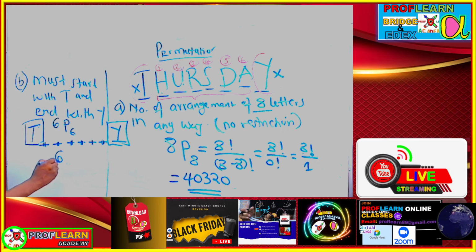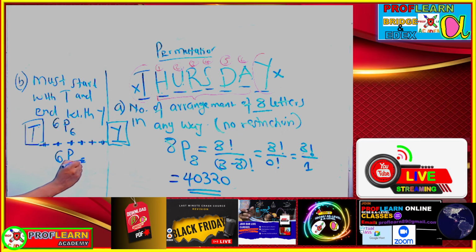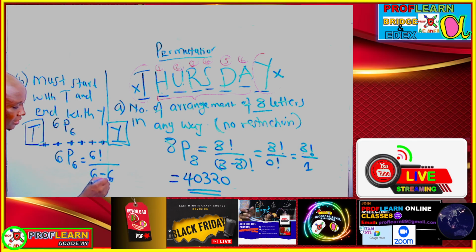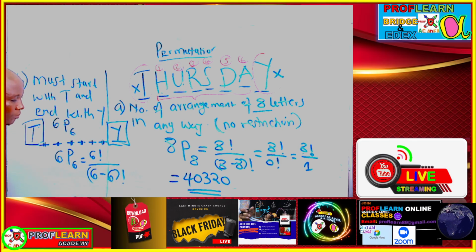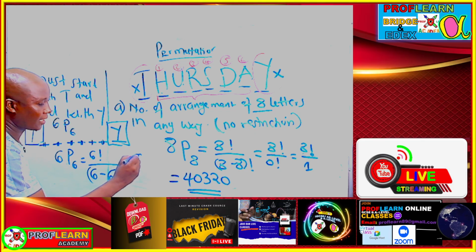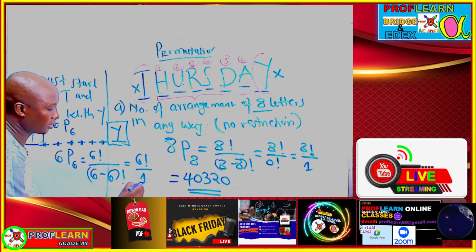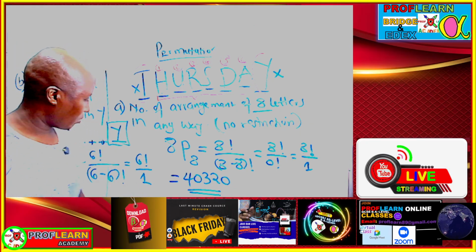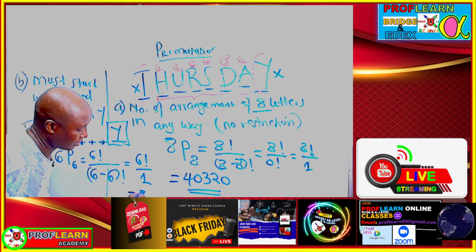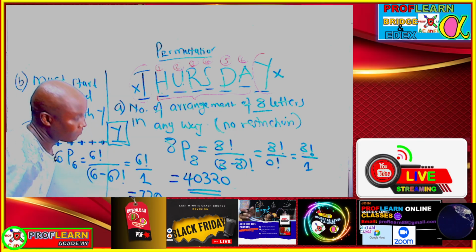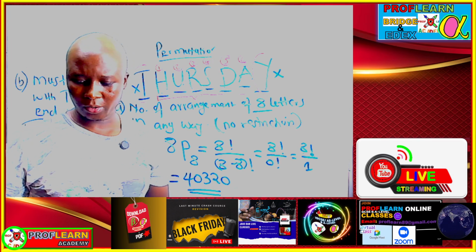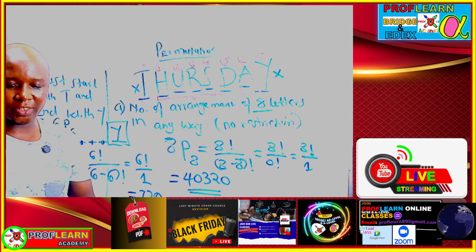That's going to be 6 permutation 6, which is 6 factorial over 6 minus 6 factorial, and that is going to be 6 factorial because this is 1. If you work it out, that is going to be 720 different ways.